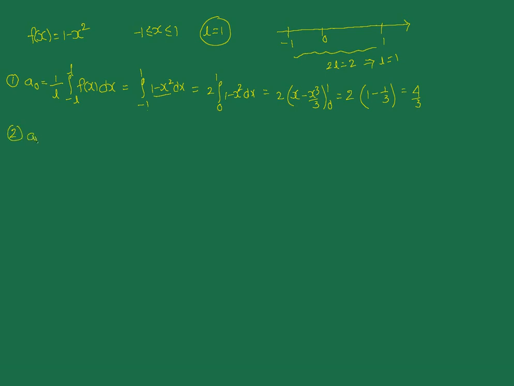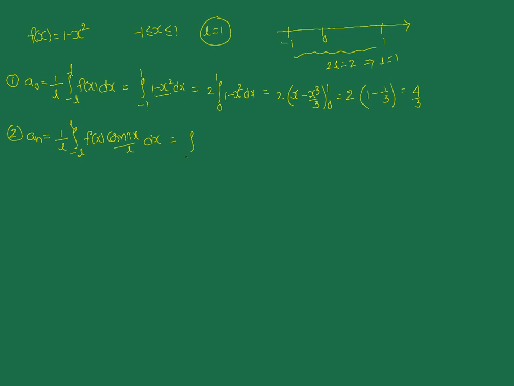Similarly, you have to find out an, which is equal to 1 by L integral minus L to L of f of x into cos n pi x by L into dx, where L is equal to 1.